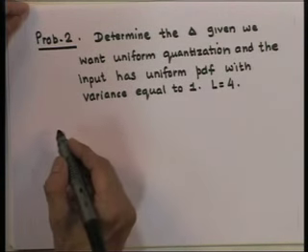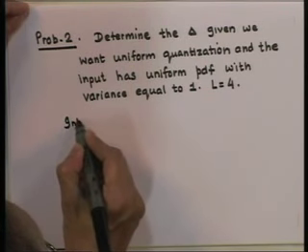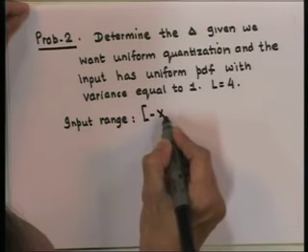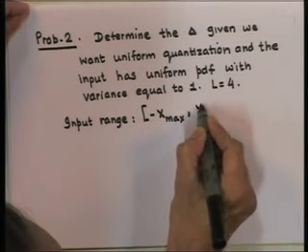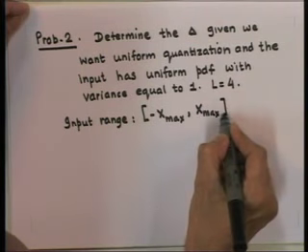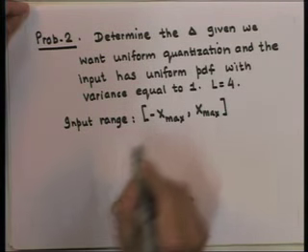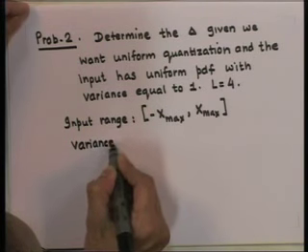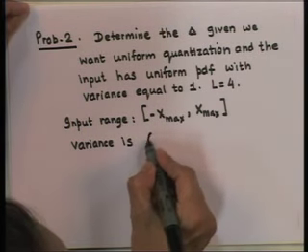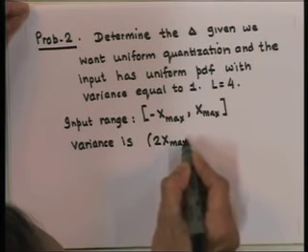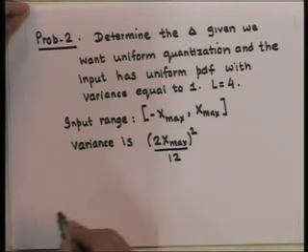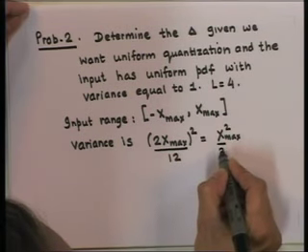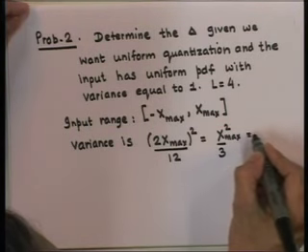Now, the solution is as follows. If the input range is minus x max to plus x max, and if the input has a uniform PDF, then its variance is 2 x max squared by 12, which is equal to x max squared by 3, and this is equal to 1.